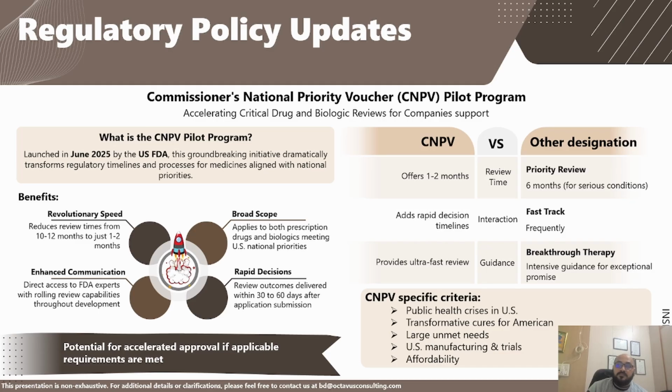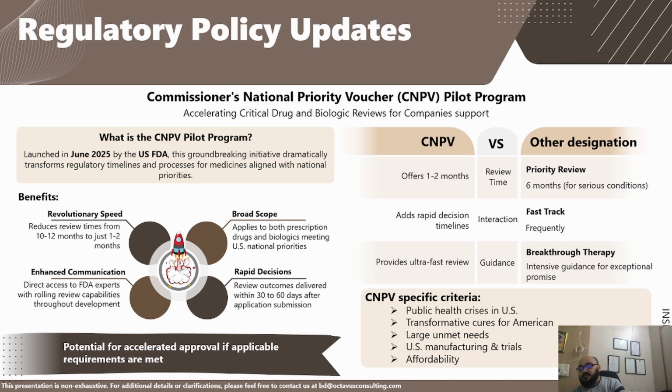It's a pilot program designed to accelerate critical drugs and biologics, basically. It was launched in June 2025 by the FDA, and benefits are revolutionary speed, better transparency in communication, broader scope, and rapid decision making. So a 30 to 60 day turnaround time, which is very, very fast.